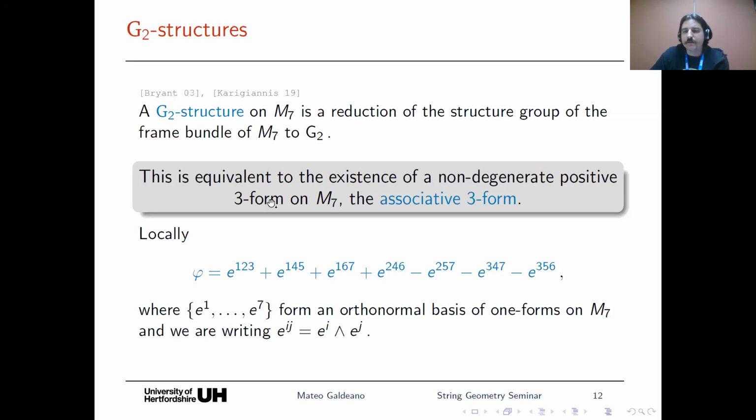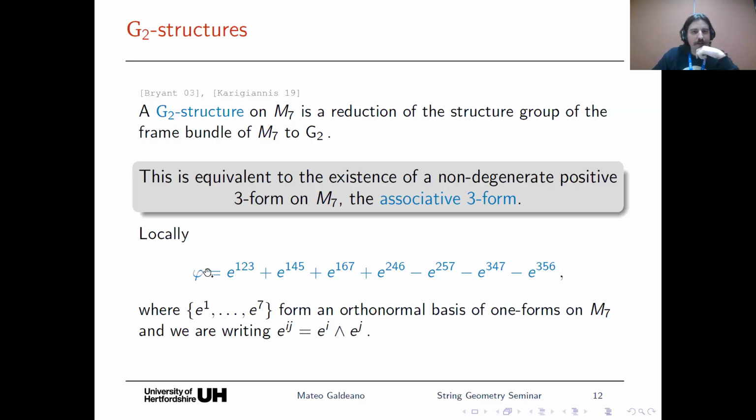If these adjectives don't tell you anything, the important thing to keep in mind is that this 3-form, defined all over the manifold, locally we can always bring it to this form for some orthonormal basis of one-forms on the manifold. So for a G2 structure, we have this 3-form.